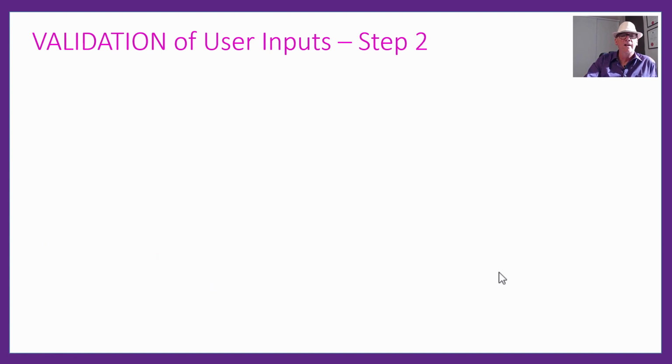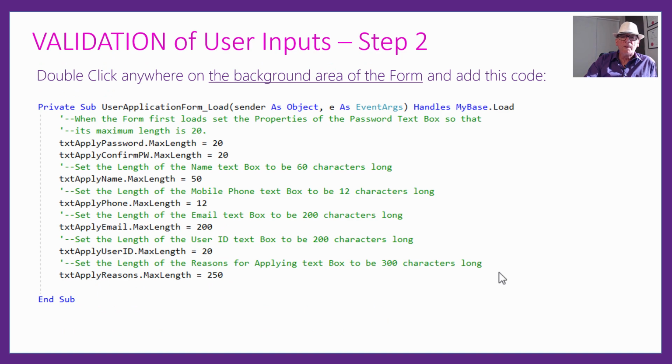So that's in the top of your program. You add that code in, and anywhere in the background area of the form, we're also going to add some code into the form load. For this user application form load, we're just going to set maximum lengths on these text boxes, so they can't type a password bigger than 20 characters long or a confirm password bigger than 20 characters long.